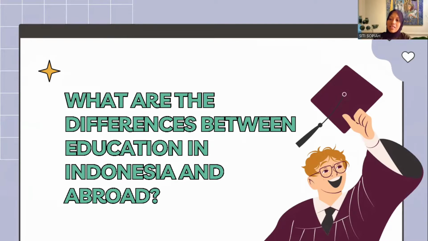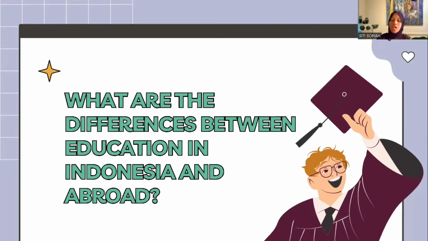And then the second, there is no time for taking a rest for the students, because students in Indonesia will always get a lot of homework from their teachers. But in other countries, the teachers only give little homework in order that the students are able to take a rest in their house, and refresh their minds before going back to school.